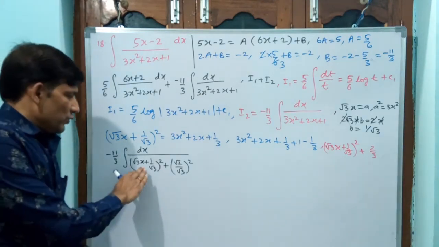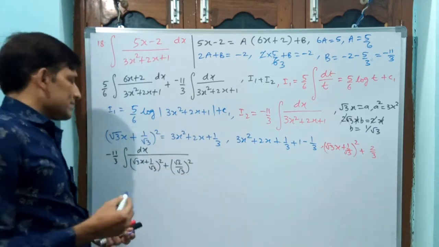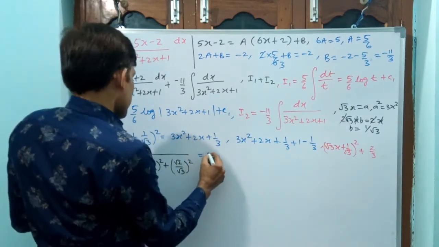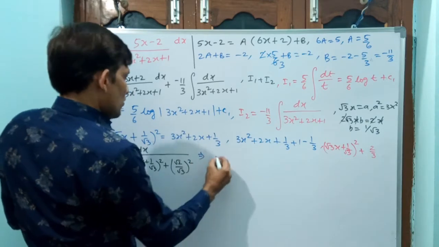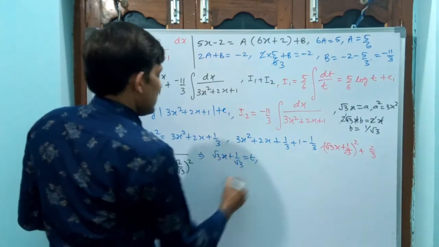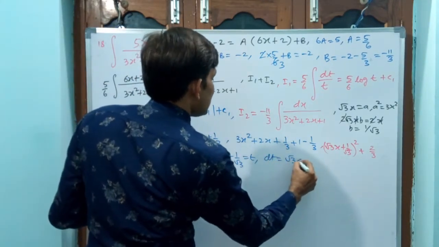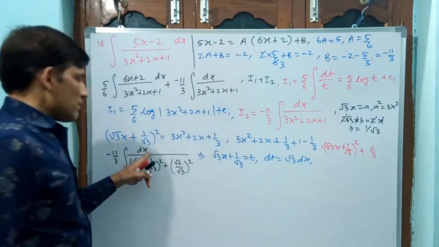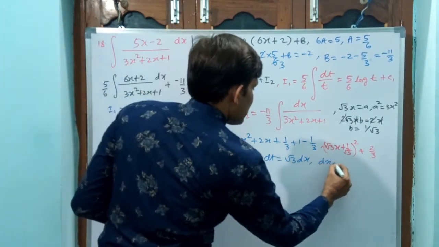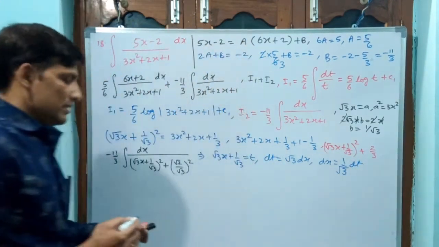See, if you take this as t, then you convert in t form, then we will discuss the formula. That implies you take root 3x plus 1 by root 3 is equal to t. Then dt will be root 3 dx. But you see you are having only dx. Then dx will be 1 by root 3 dt. Is it okay?